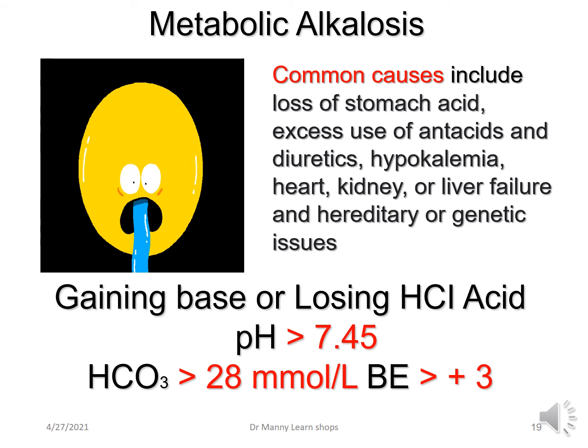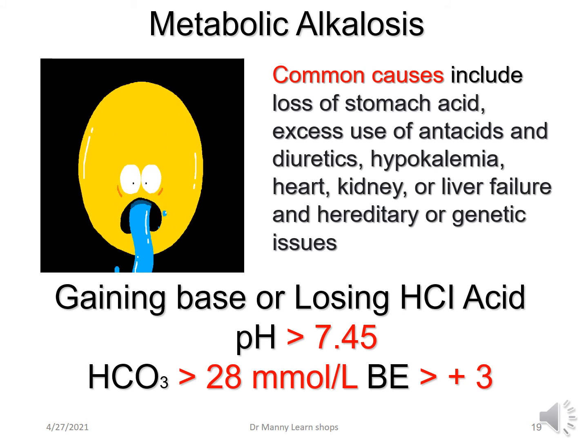Metabolic alkalosis is another acid-base derangement, and common causes include loss of stomach acid, vomiting, severe vomiting, which can occur in gastroenteritis, hyperemesis gravidarum during pregnancy. It could be the excess use of antacids and diuretics.